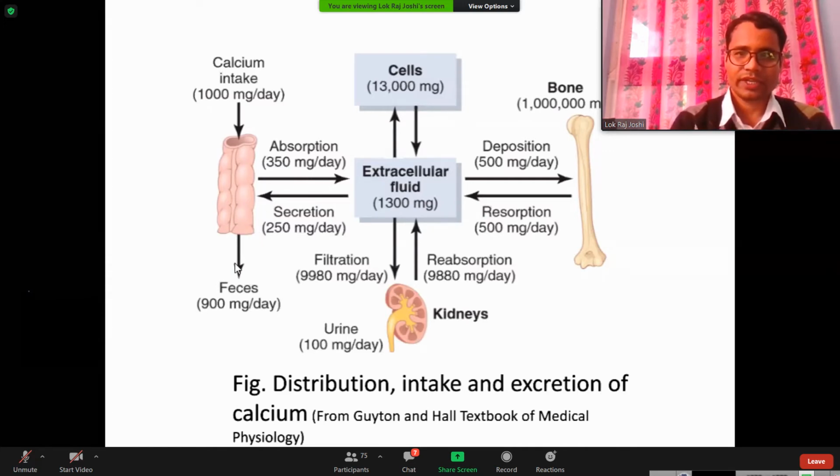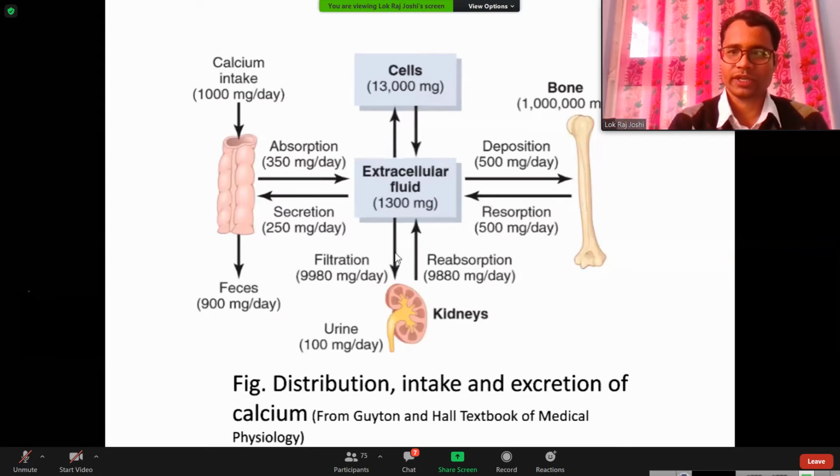And you can see here, most of the calcium that is taken is excreted in feces. Only a small amount is absorbed. And this excretion in the feces is also added to by the secretion in different gastrointestinal juices, and also shedding of the epithelium.